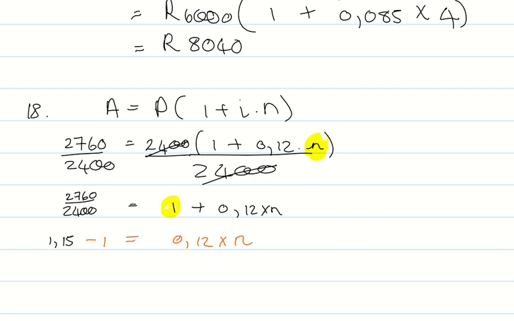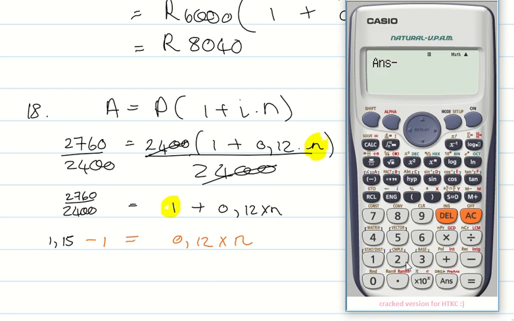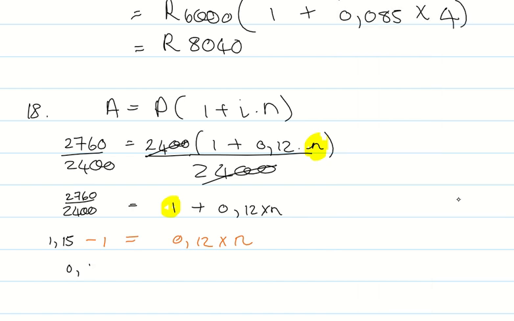I still don't have my n alone. Now on the left hand side I will have 1.15 minus 1, which equals 3 over 20, and that is 0.15. Let's just check, 0.15. So here I have 0.15 is equal to 0.12 times n.